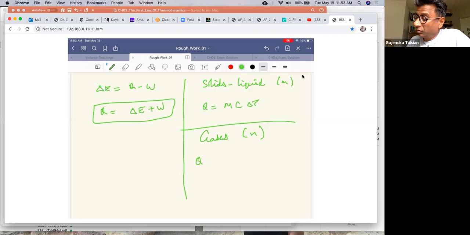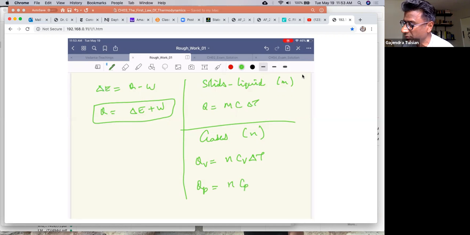It turns out that the two processes that are easy to keep track of are heat added during constant volume and heat added while keeping the pressure constant. So this is Q_V, the heat added while keeping the volume constant.